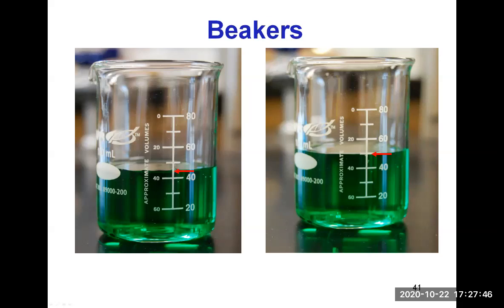It's in between, so you estimate between 40 and 50 where that arrow falls. It's not quite the middle. So the way I would read this is as 44 milliliters. You can tell it's below 45. So 44 milliliters here. You see that the estimated digit is at the place of the 1 milliliters.